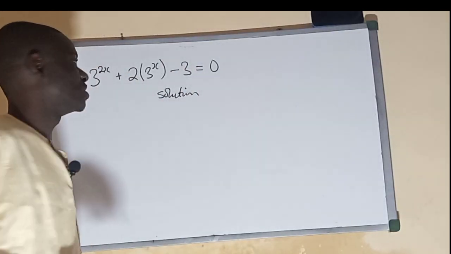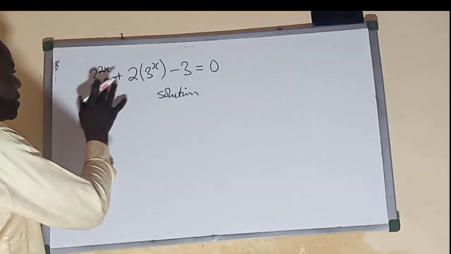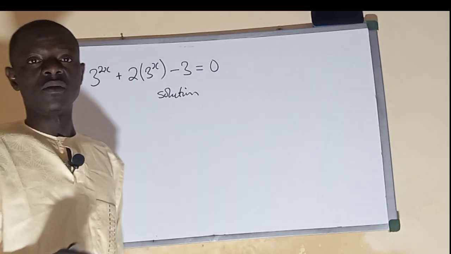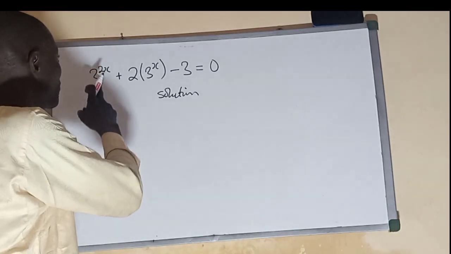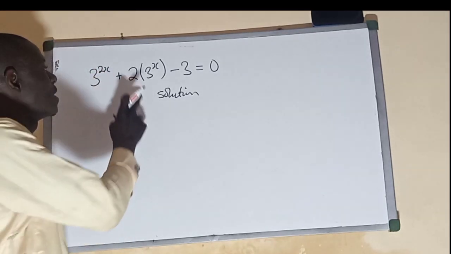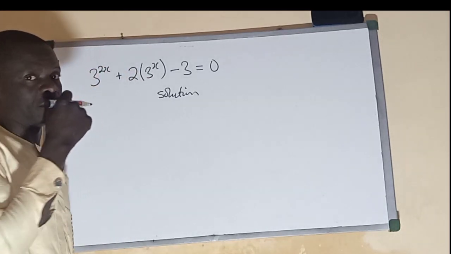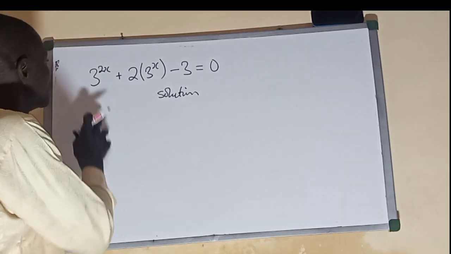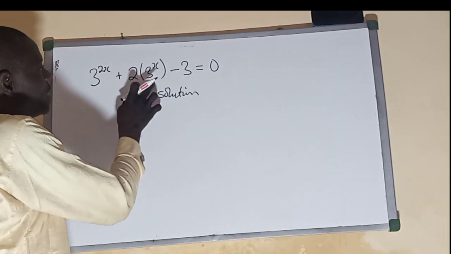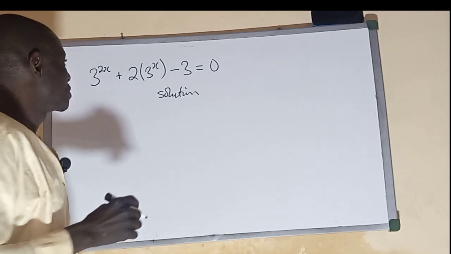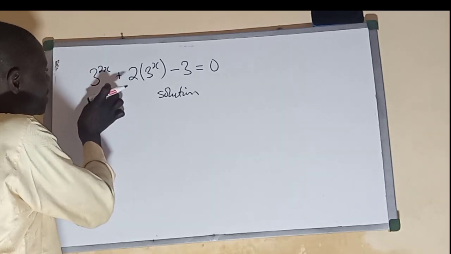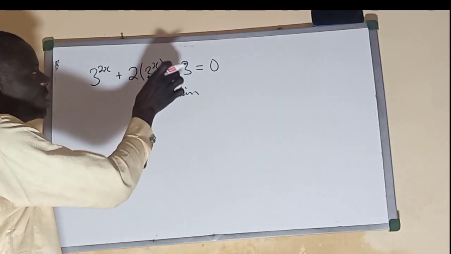To solve this equation, we have to look at the equation critically. When you look at it, you can see that here we have 3^(2x) and here we have 3^x. That means we have something common here and here. We have to try to factor out what is common.